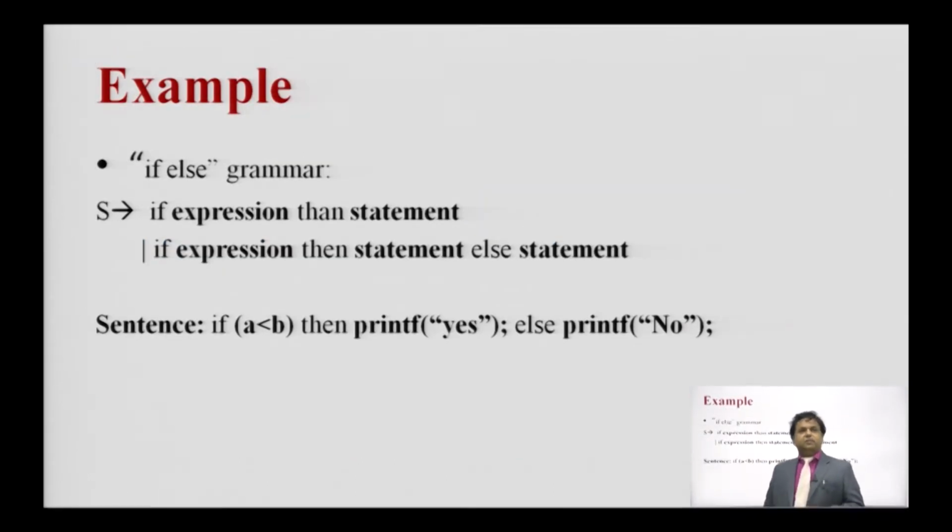Next example, suppose I take the if else grammar. The if else grammar is: if expression then statement, or if expression then statement else statement. Suppose I have to derive the sentence: if A is less than B, then printf yes, else printf no. How can I derive this sentence with the help of this grammar?